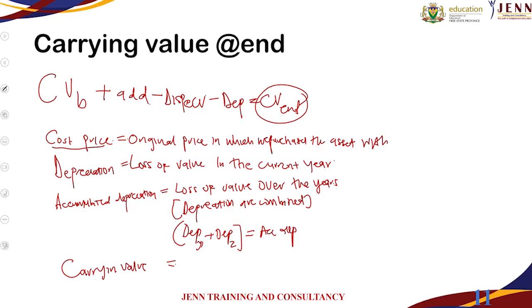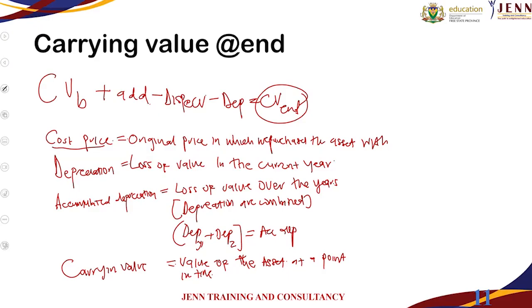This one means the value of the asset at a point in time. What do I mean when I say at a point in time? Where we are at that point, what is the value of that vehicle?